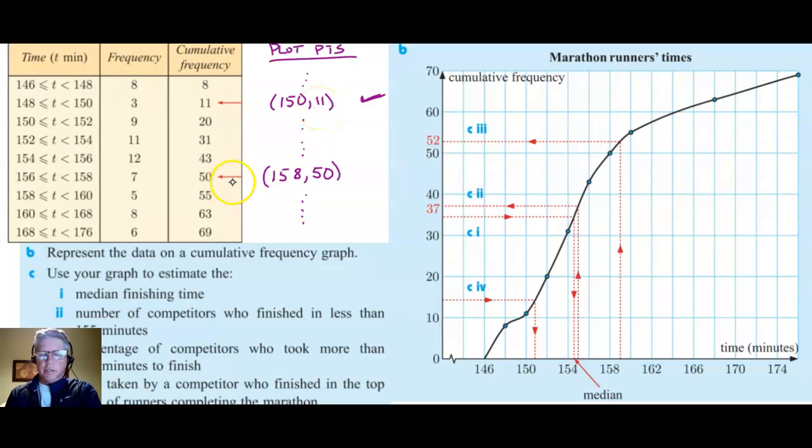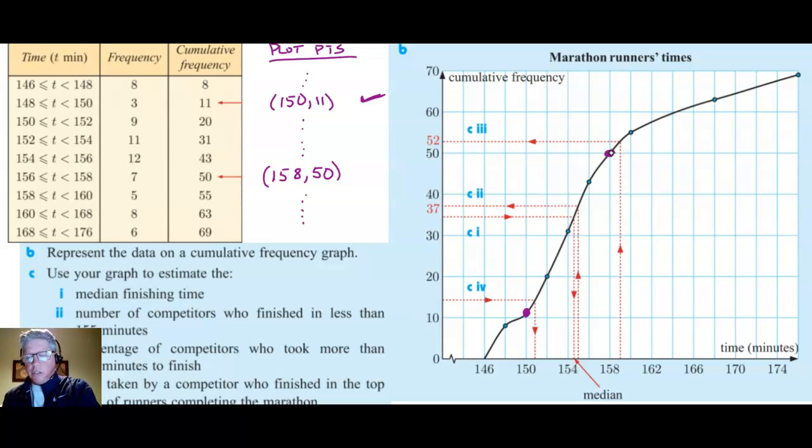And just to talk about this one, we had 50 people run 158 minutes or less. Not exactly, up to, but not including 158. So those points come over here. Let's go ahead and plot 150, 11, and that's where this point comes in. 158, 50.